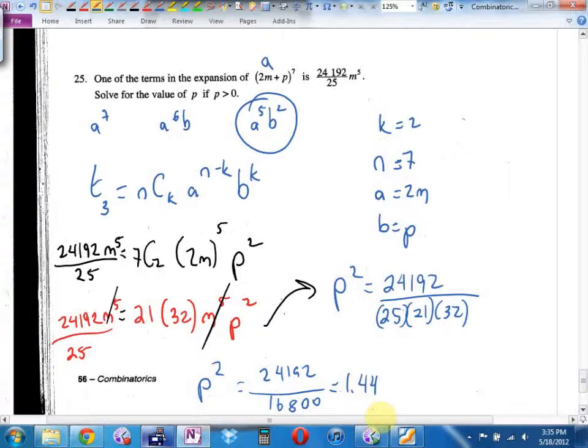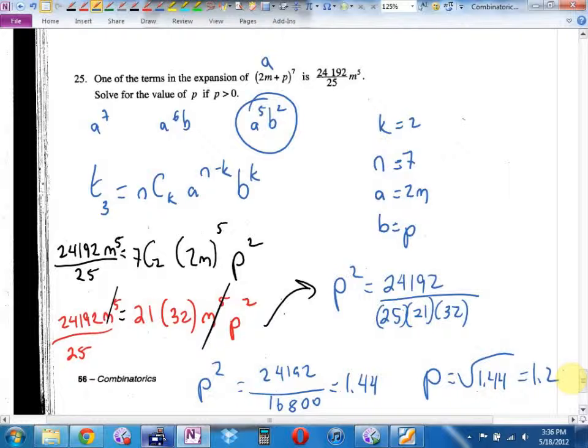How do I get rid of a squared? It's got to be 1.2. I'm pretty sure, because 12 squared is 144, so I think 1.2 squared is 1.44. Could also be negative 1.2. Oh, no, they said p positive. Okay.